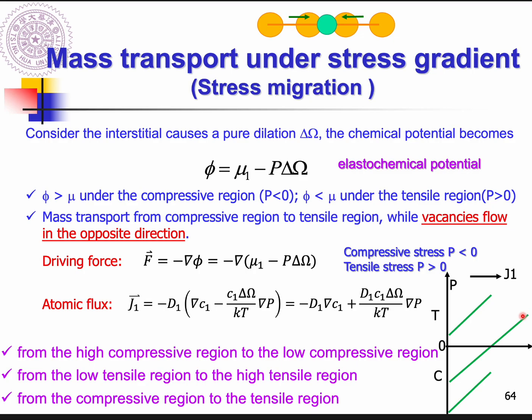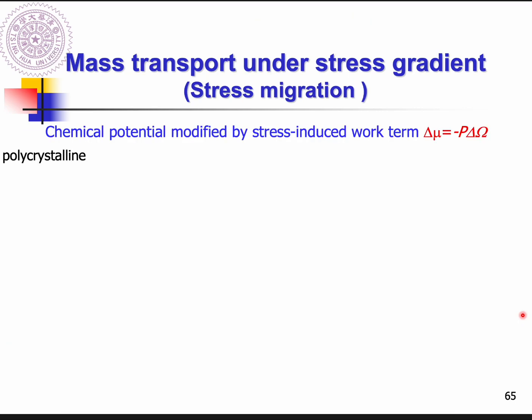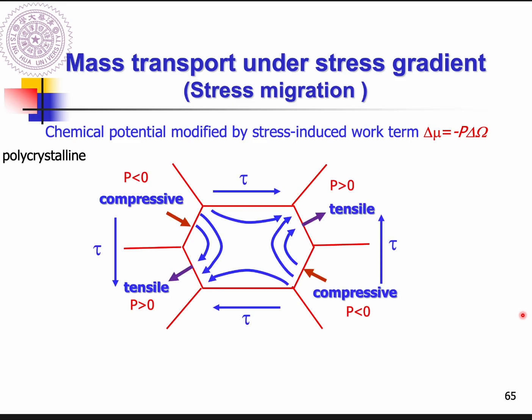Okay, so now you have some idea how the atoms move along the stress field, right? I'm giving you an example which happens in polycrystalline materials. If we have a polycrystalline material, which means we have many grains, we focus on this grain, and this material suffers a shear force.